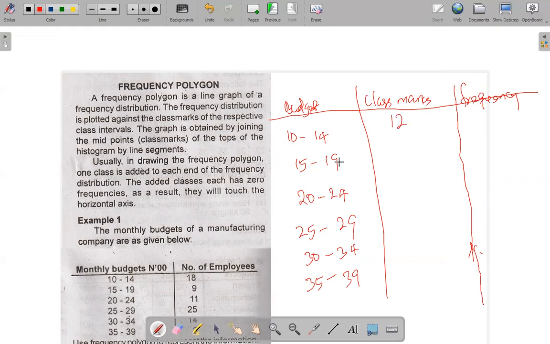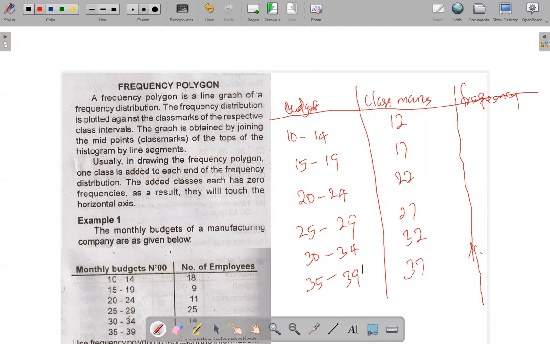15 plus 19 is 34. 34 divided by 2 is 17. 20 plus 24 is 44. 44 divided by 2 is 22. Then 25 plus 29 divided by 2 is 27. 30 plus 34 is 64, divided by 2 is 32. And finally, 35 plus 39 divided by 2 is 37.